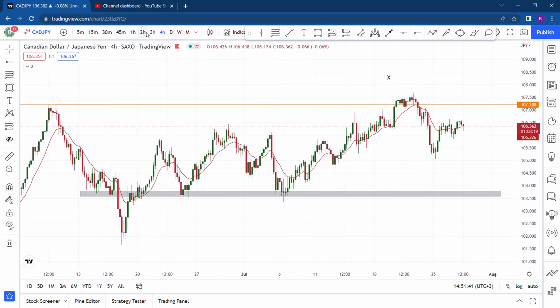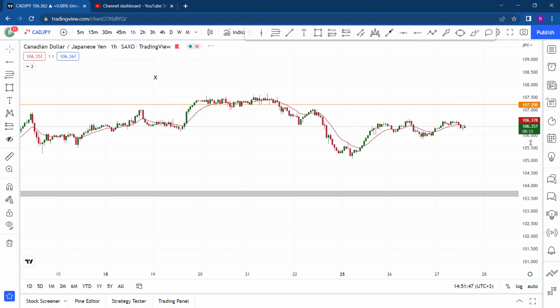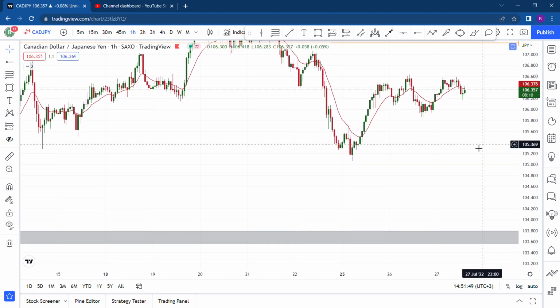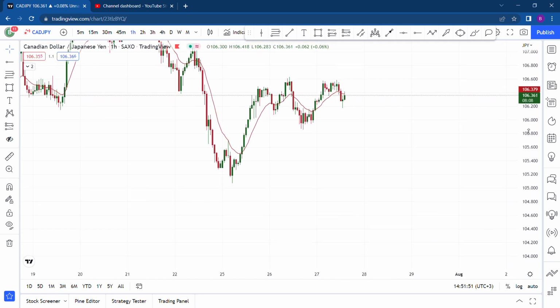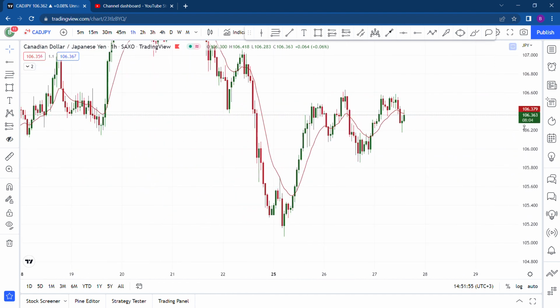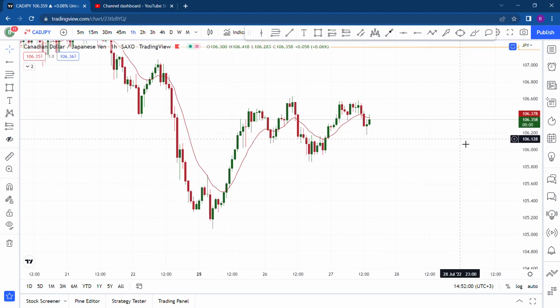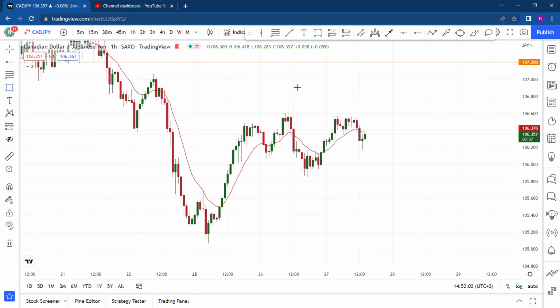So you go again down to the H2 time frame and H1. So here you can get to see this type of setup. So the overall trend, you already know now, is bearish.